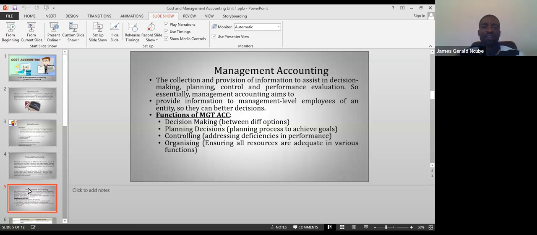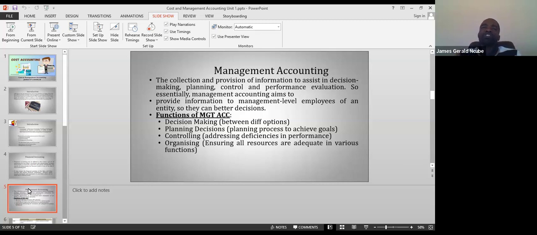The second function is on planning decisions. When we talk about planning, we're talking about the process of coming up with goals. We set up goals that must be achieved. So management accounting helps in planning decisions. Normally, it is said if you fail to plan, then everything else about that organization will just crumble. So management accounting helps in planning decisions and also controlling, that is addressing deficiencies in performance.